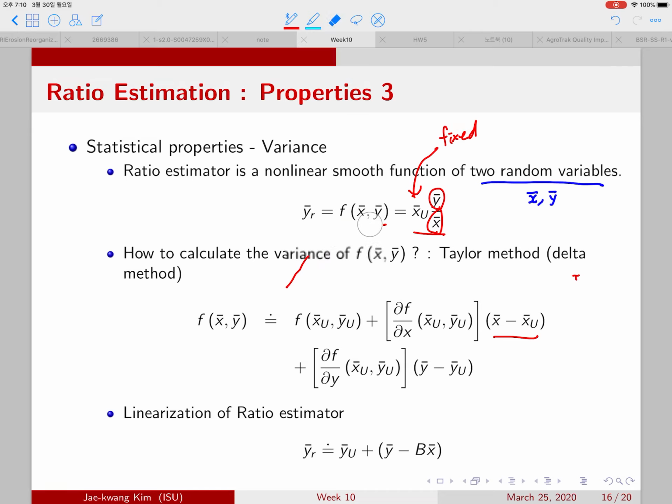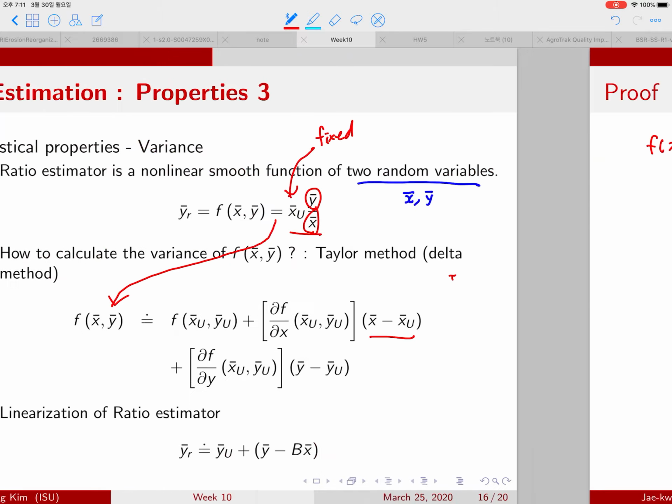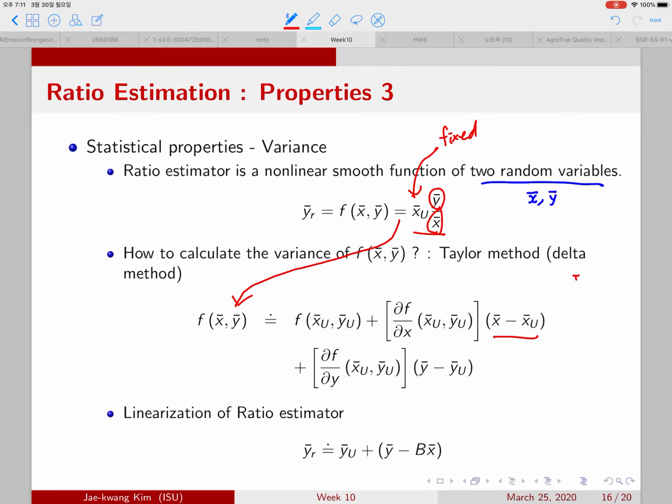Okay. So if I use this for this particular f, how will these numbers be? So f of x and y is what? X bar times u, y given x, right?